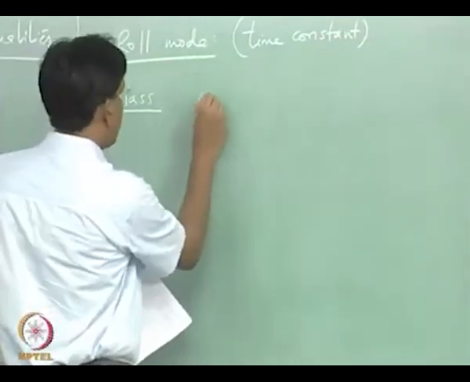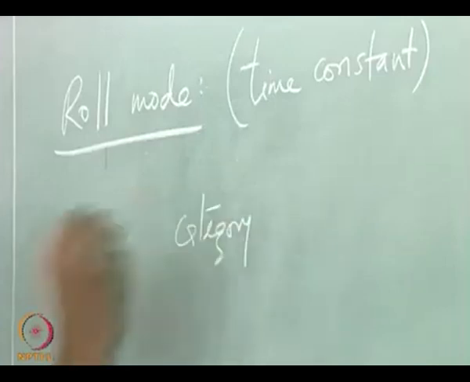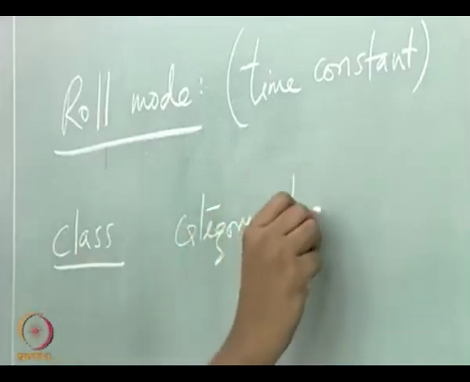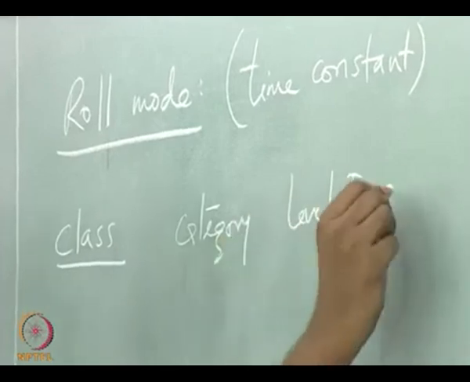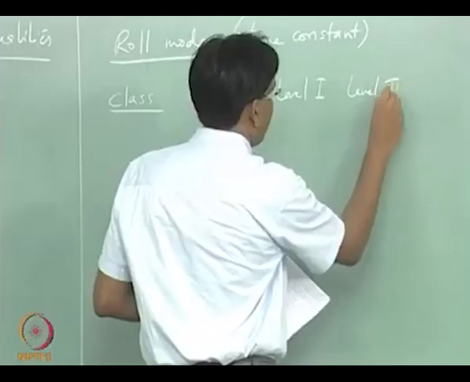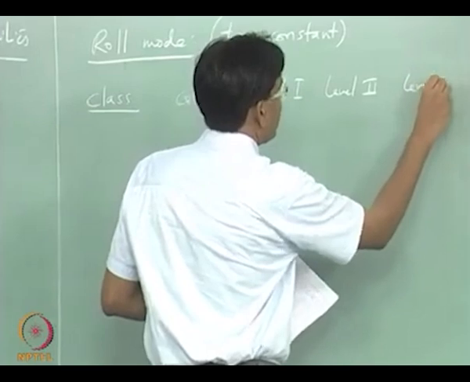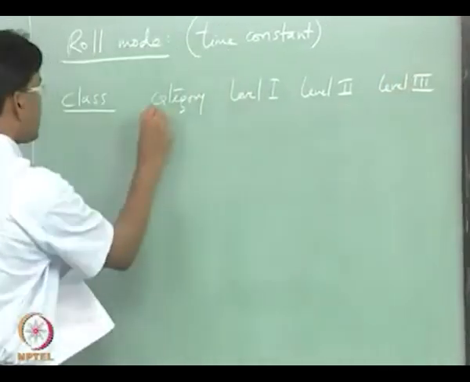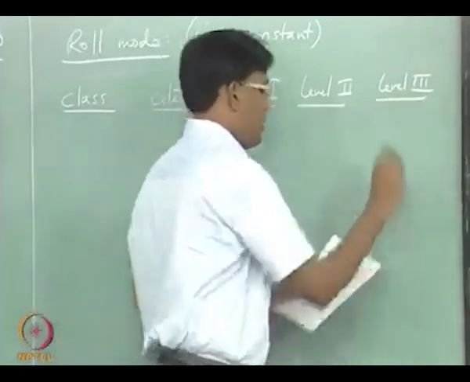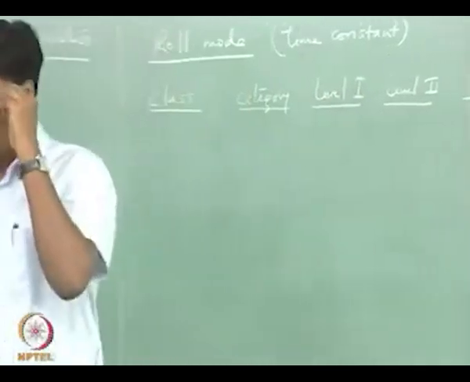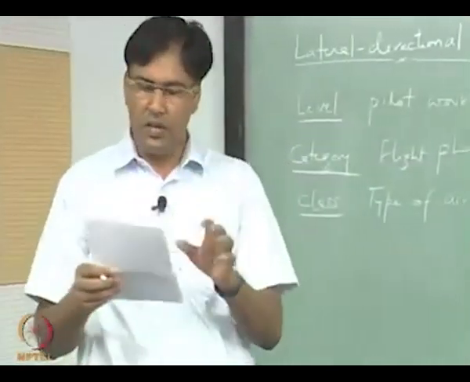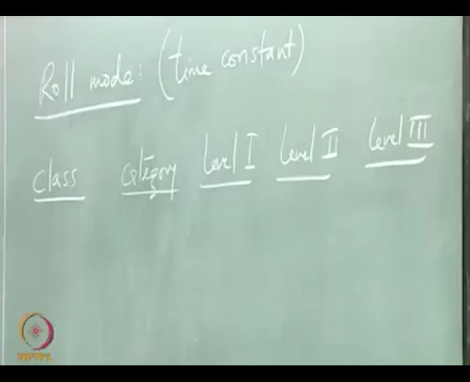So, class, category, level 1, level 2, level 3. Right. Now, these numbers are given as standards, right. So, you have to follow this set of numbers, and you can find them in any book, they will be same, right, they are not different.